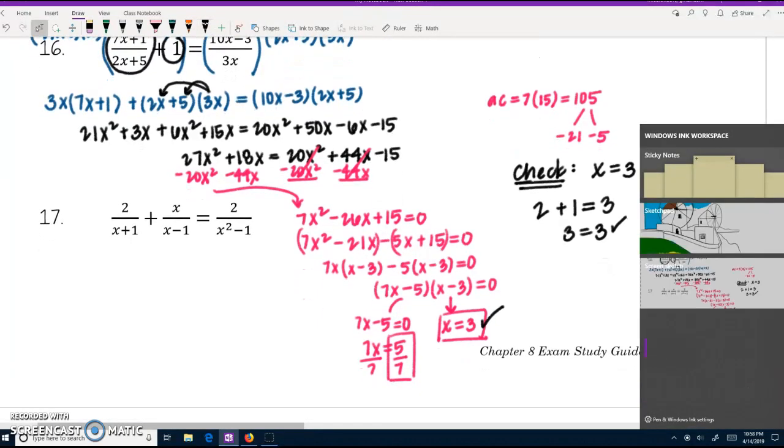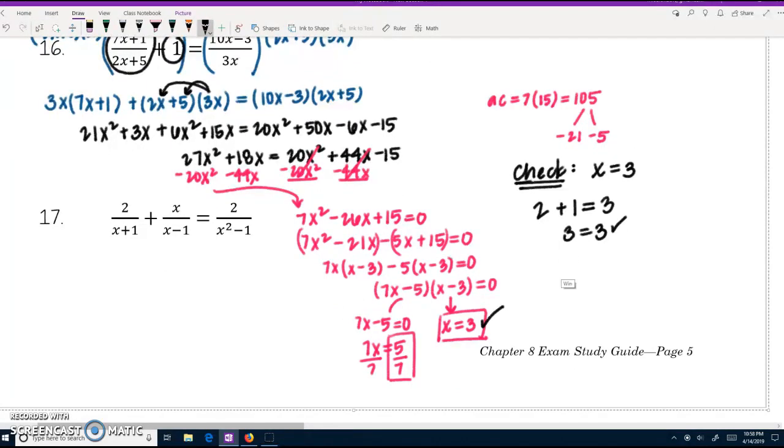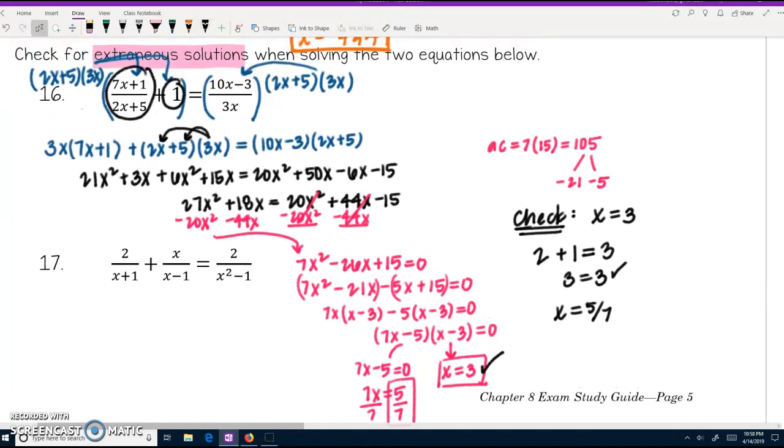Then I also need to check x equals 5/7, which is a little bit trickier to plug in. Anytime you plug this in, make sure you put parentheses around the 5/7. So you're going to have parentheses for what happens up in the numerator and for the 5/7 that you plug in. So I'm going to have 7 times 5/7 plus 1.